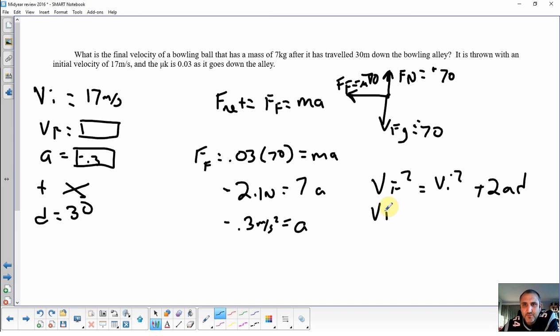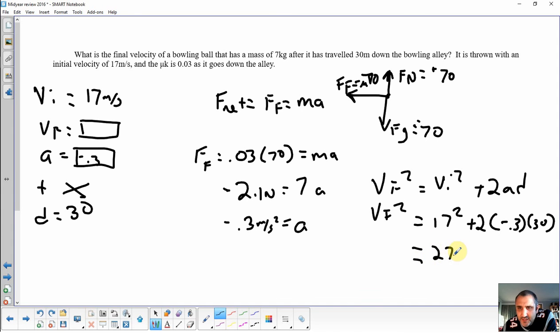VF squared, which is what we're looking for, equals 17 squared plus 2 times negative 0.3 times 30. That is going to be 271, equals VF squared.